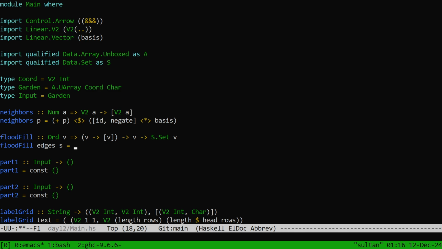Is go of, well, so we need to maintain a seen set, a visited set. Oh, does this want to use state? Or does it not have to?